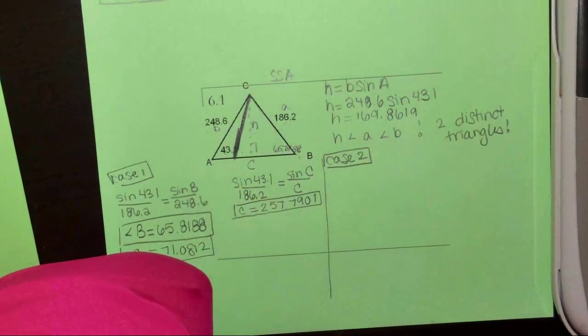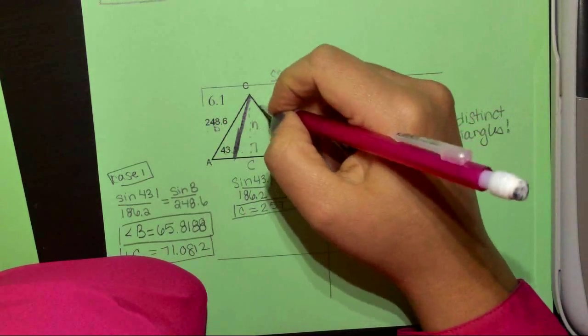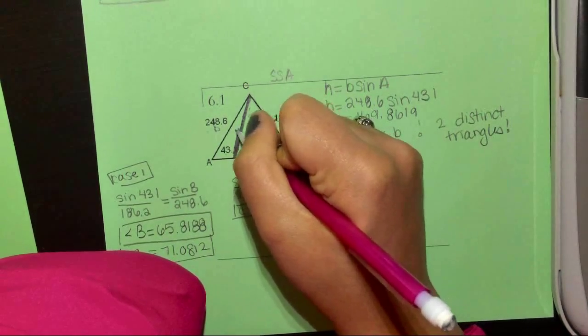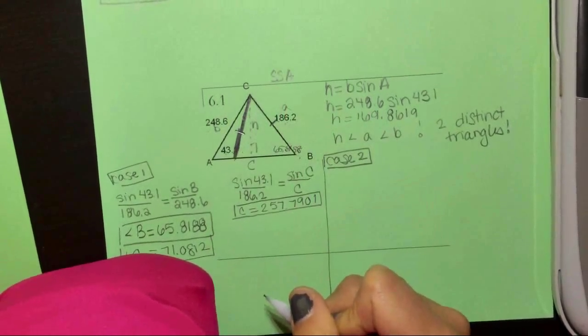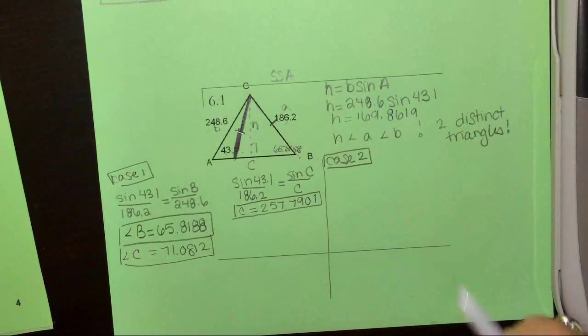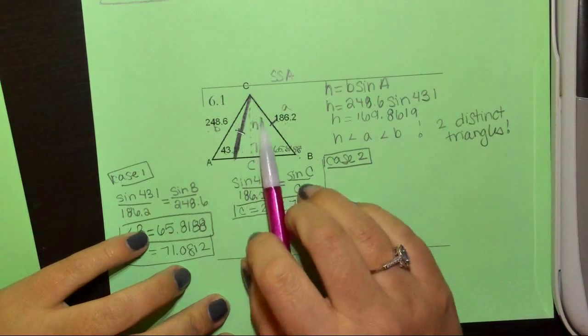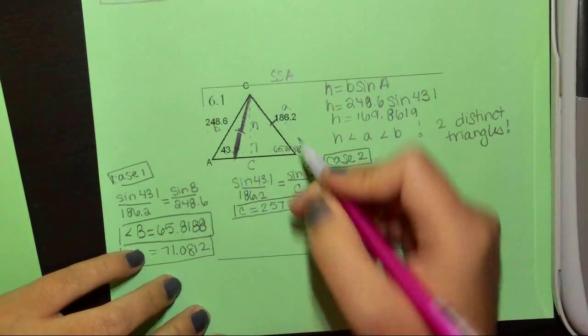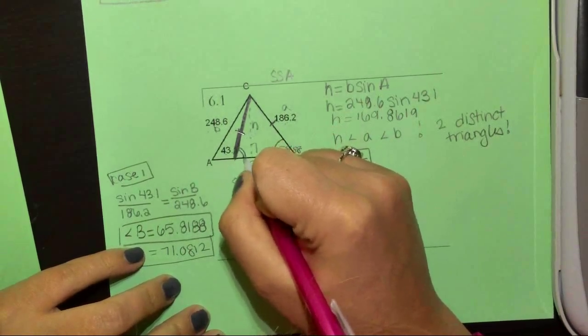But what's really important to note is that that original opposite side and our new opposite side are congruent to one another. Okay, this is an isosceles triangle. Since you have two congruent sides, the base angles on the bottom are congruent.